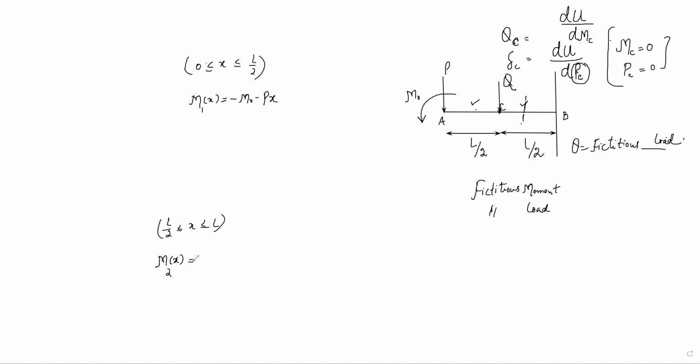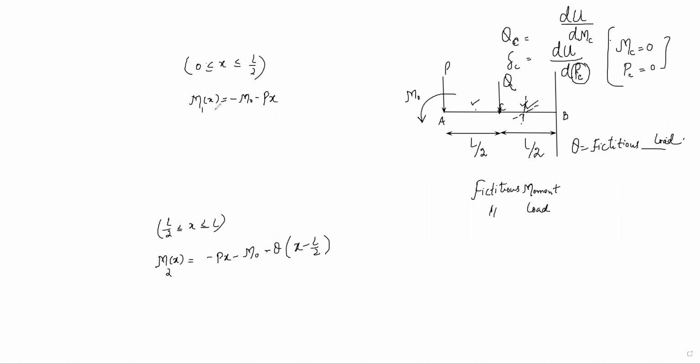This M2 comes out to be equal to minus Px minus M naught. You have to draw a section out here and take the moment about an axis passing through here, minus Q into x minus L by 2. Okay, this is the moment in the second portion.